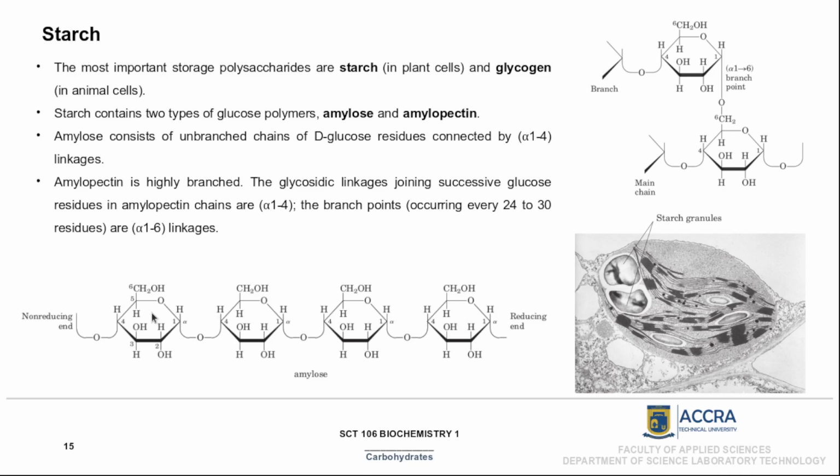When you reach the 24th to 30th residue, you will observe this branching point. This branching point is observed every 24 to 30 residues, and this is the alpha 1,6 branch point.